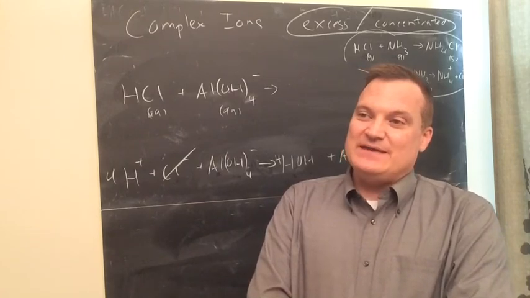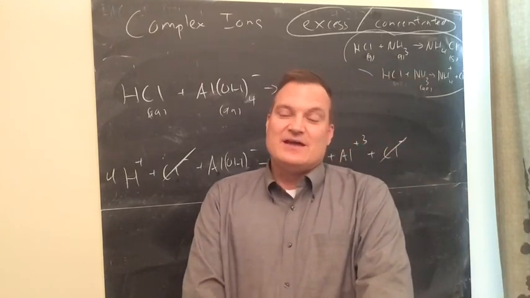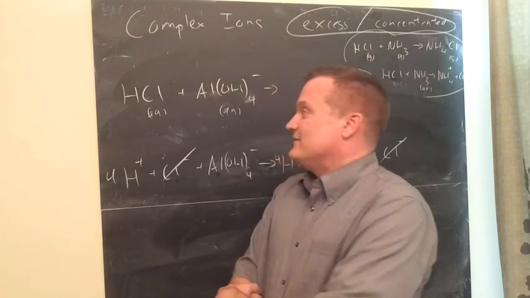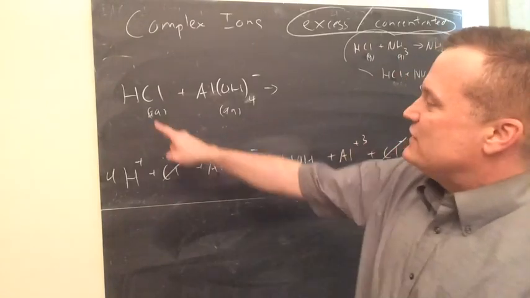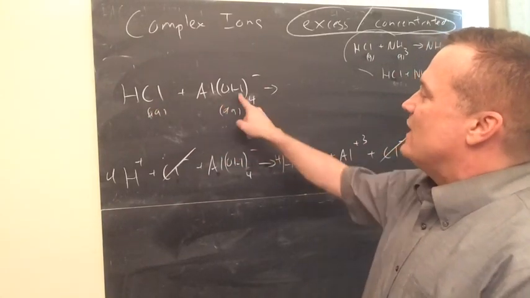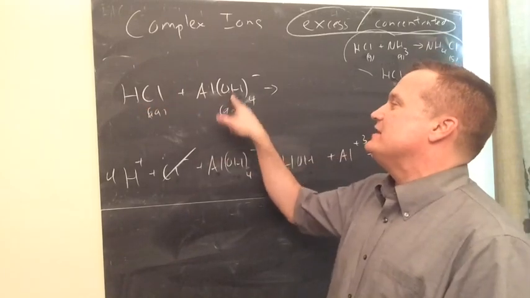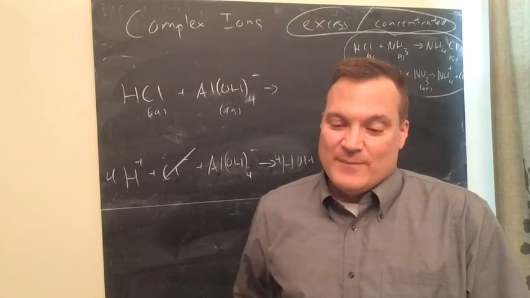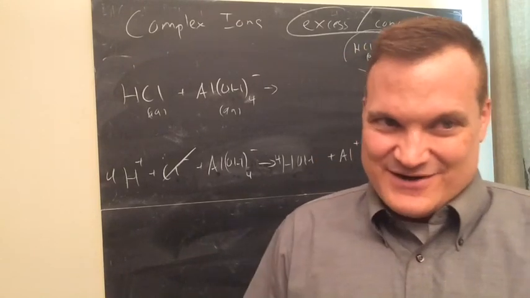Maybe 3 to 5 of the past 10 years have had these on there. They're pretty common. They like this stuff. And the type where you add an acid to pull off hydroxide to make water, or add acid to ammonia to make NH4+, that's really rare, but it has happened before. Okay, so that's all, and complex ions.